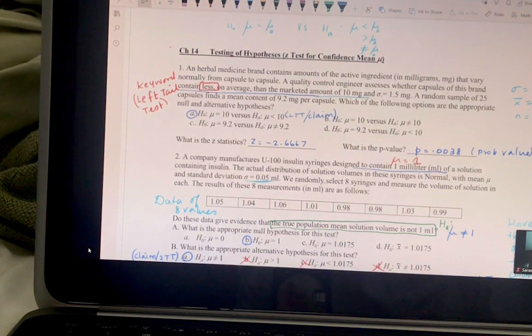The null hypothesis is always going to be mu equal to mu sub zero, which is going to be 10 mg, the number coming from the population. And the standard deviation is 1.5. Those numbers are given in your problem. So in the place of mu sub zero, I'm going to put the number 10, versus the alternative hypothesis, which is going to be less than 10. Why? Because of the keyword given in my problem, less.